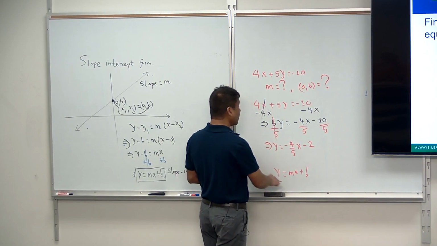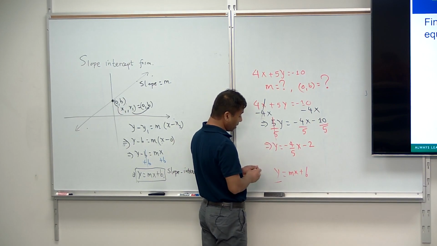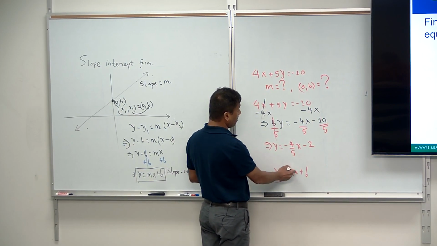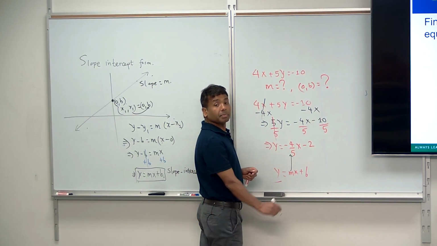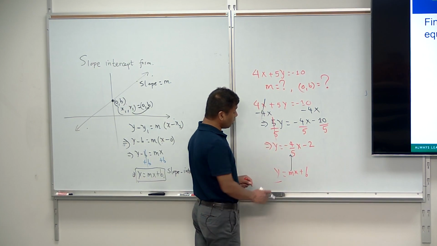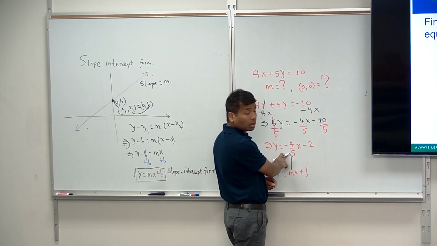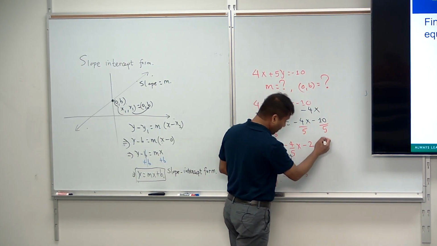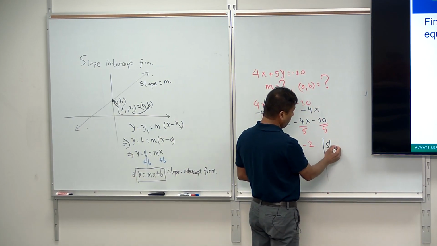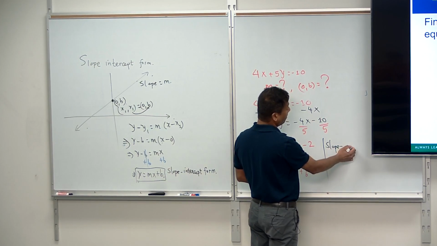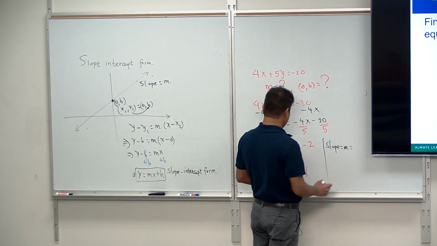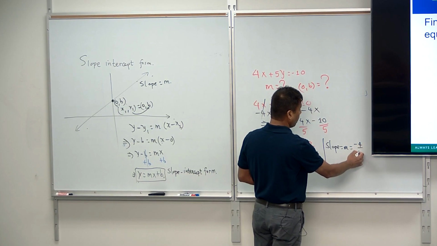So what is the slope, guys? Now what is the value of m? You compare this with y equals mx plus b. So the value of m is negative, yes, so the slope, which is denoted by m, is negative 4 over 5.